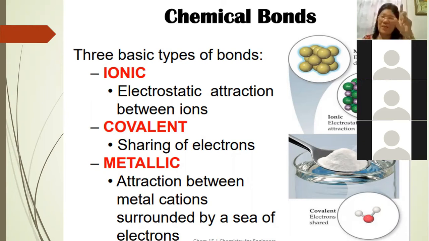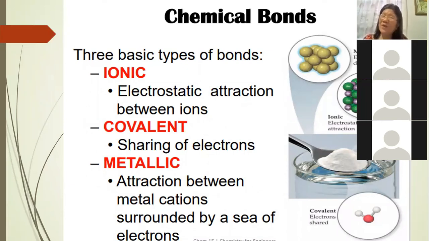Same thing with the upper portion, that's Cl, then 8 electrons. The 8 will be the 7 and the 1 electron of carbon, shared, and so on and so forth. That is covalent. Covalent is the sharing of electrons.